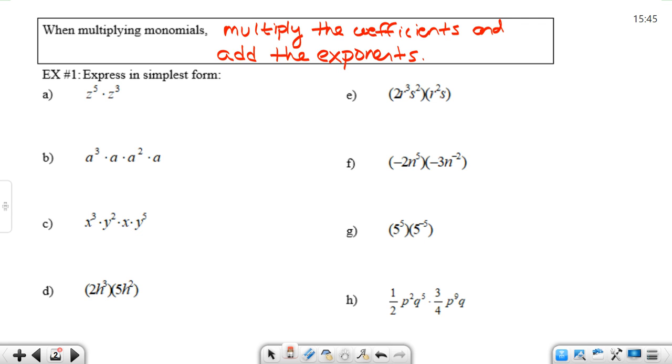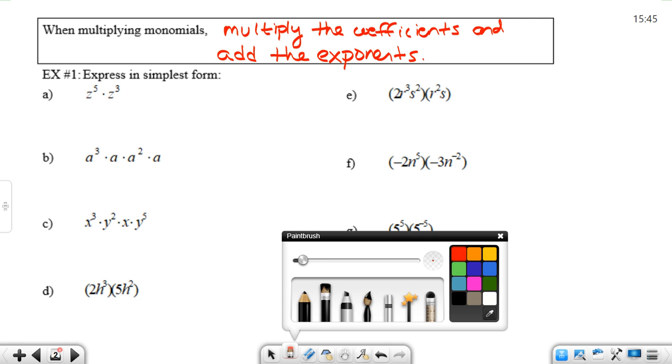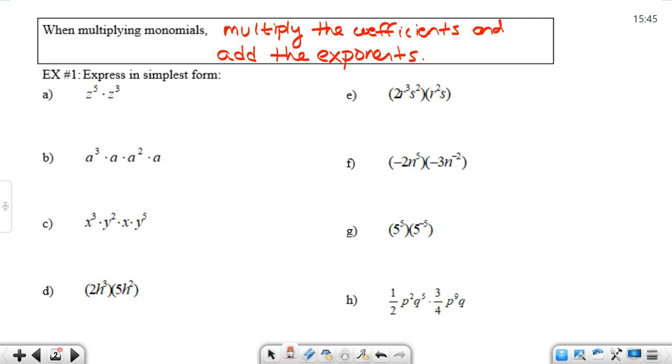So if we look at A here, we've got two monomials, z to the fifth times z to the third. Now, if you guys take a look, both of these terms have a coefficient of 1. So we remember talking about that invisible 1. So we have 1z to the fifth times 1z to the third.